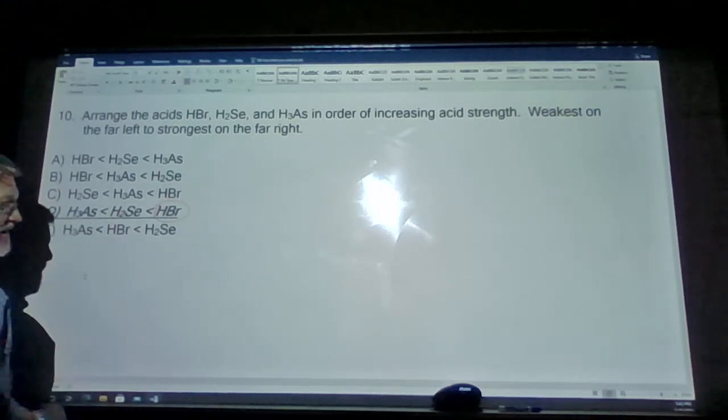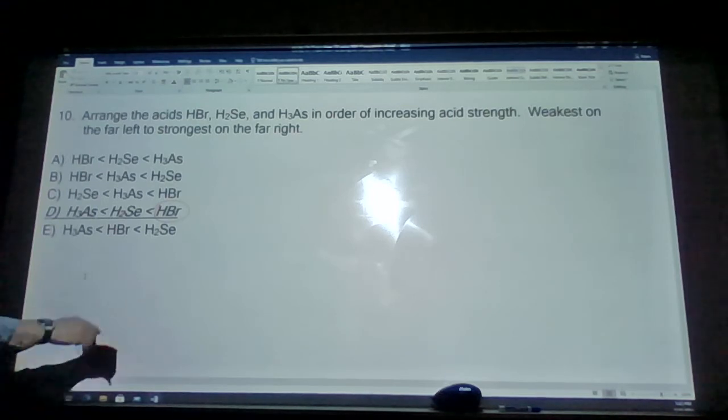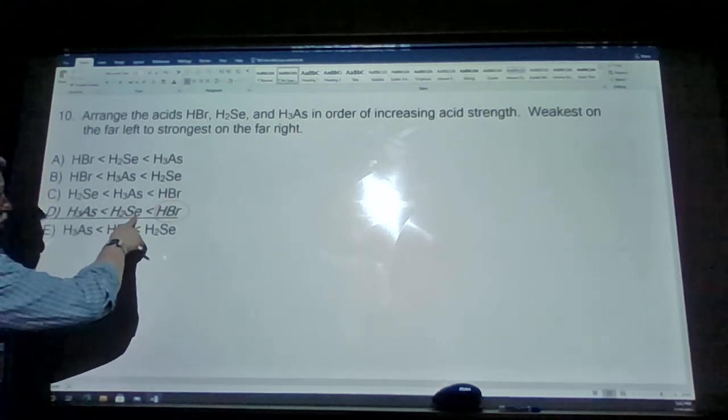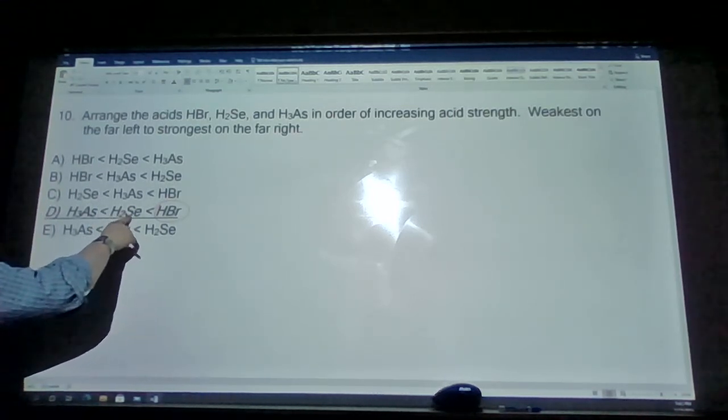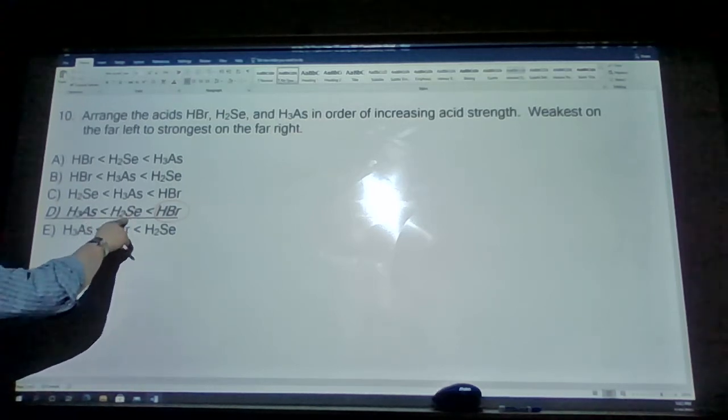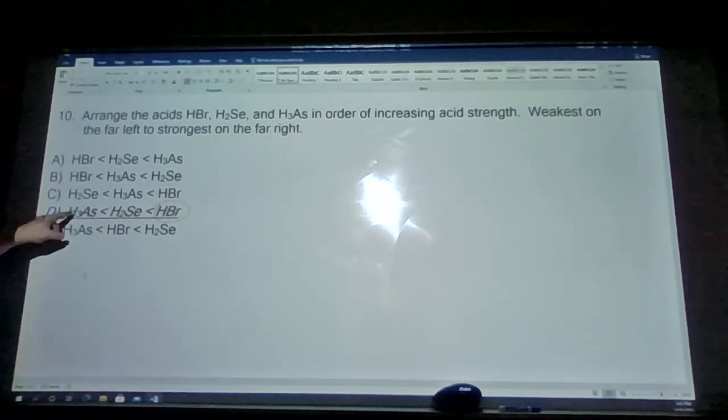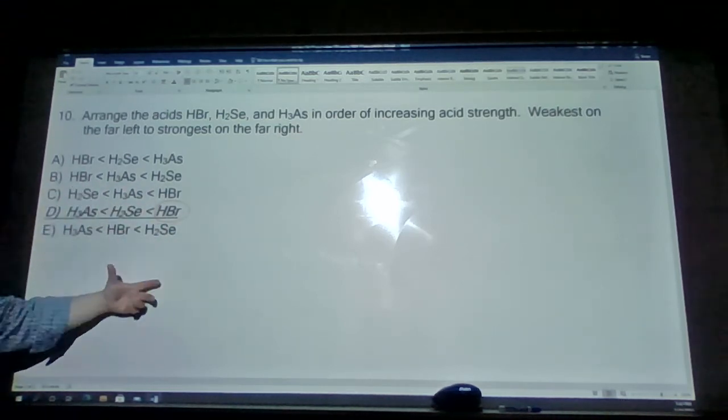Therefore, this hydrogen-selenium bond is much more polar. The hydrogen bonded to selenium is lost much easier than it is from arsenic because arsenic is not as electronegative. So that's why we have this particular order.